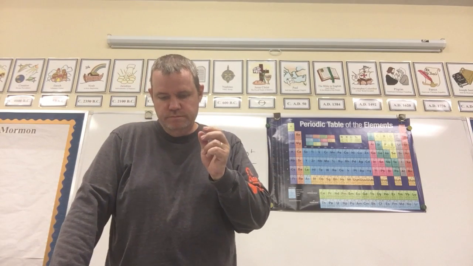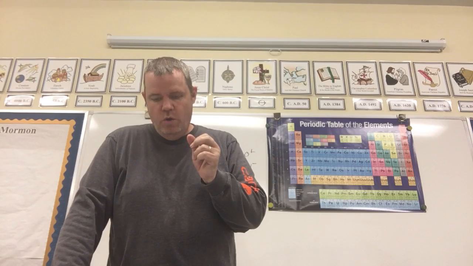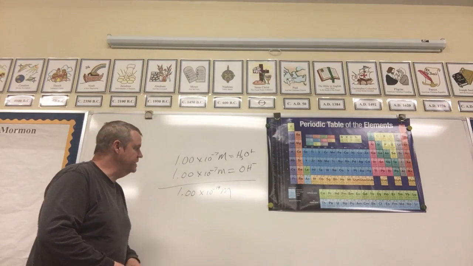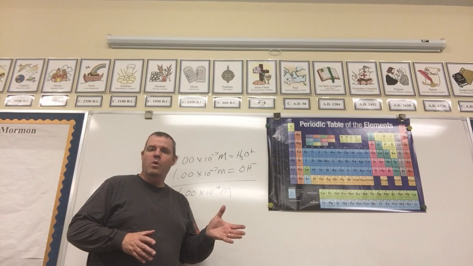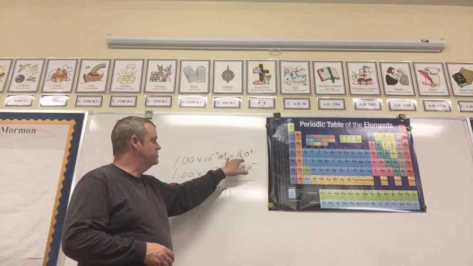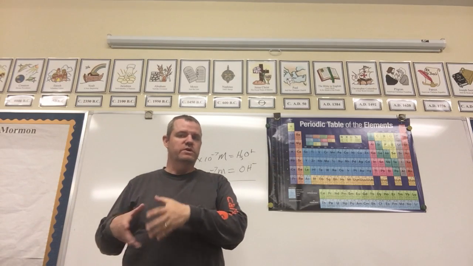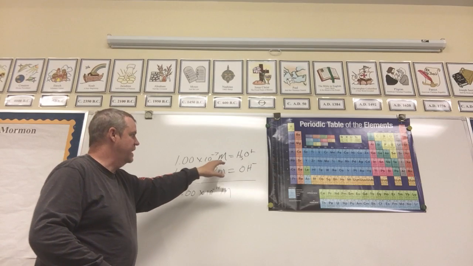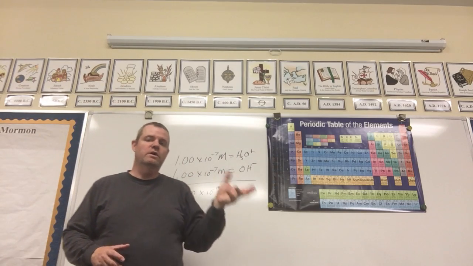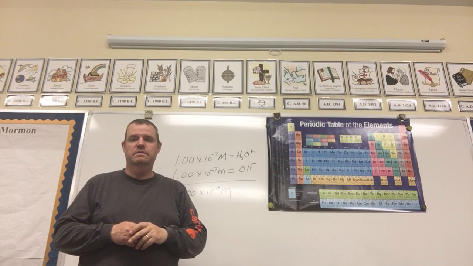Now, if for some reason we had just a little bit more of the H3O than the OH, this would not be the natural situation for water, but just for discussion's sake, then the solution would be slightly acidic.